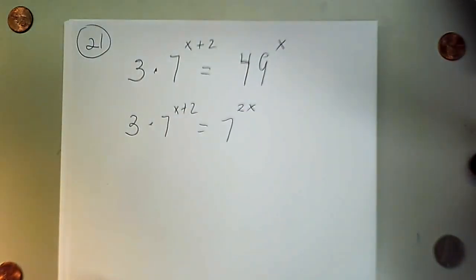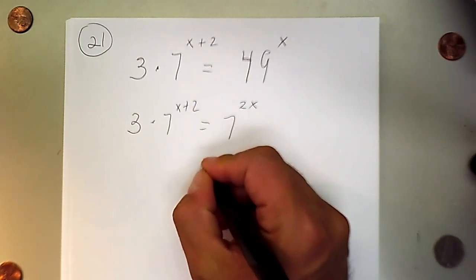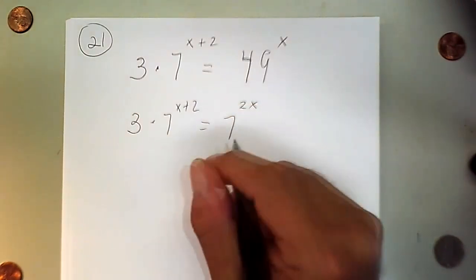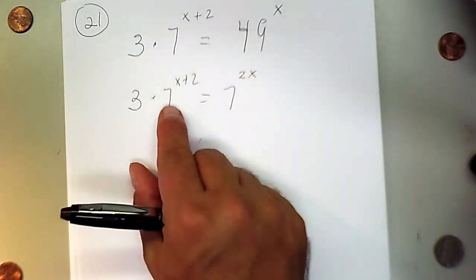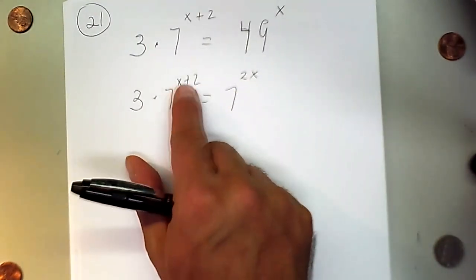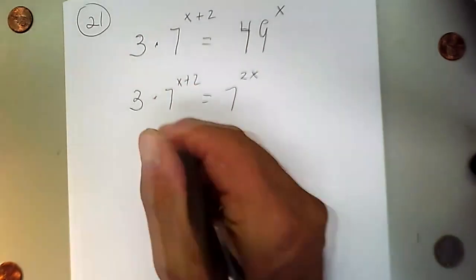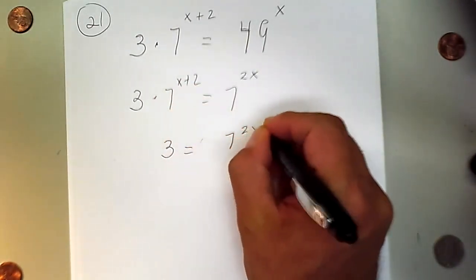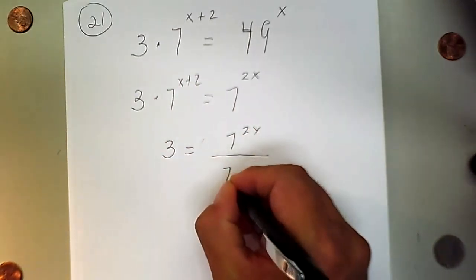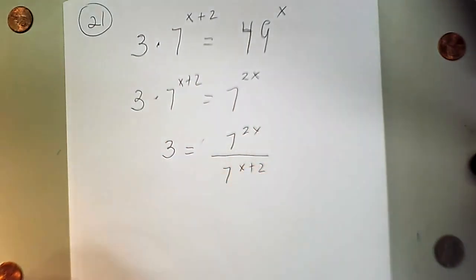In fact, the way I'm thinking of solving this is an interesting example. We might have to come up with a sort of clever way to do this. I'm thinking we can divide by 7 to the x plus 2. So 3 is equal to 7 to the 2x over 7 to the x plus 2.